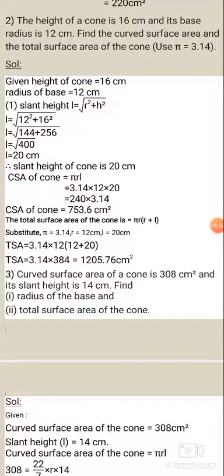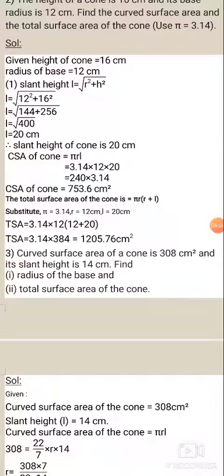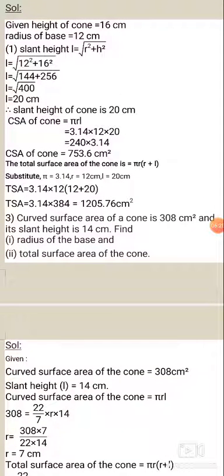Yes, pi r L. So 308 is given as curved surface area. So 308 is equal to pi 22 by 7 into r into 14, which is the slant height. Now r is equal to 308 into 7 by 22 into 14. Now 7 and 14 are cancelled 2 times. Then 308 by 22 into 2 is there. 44 is equal to, at last, radius is equal to 7 centimeter.